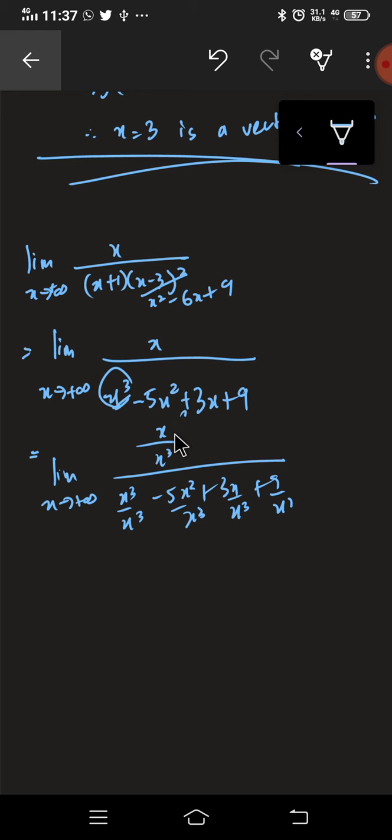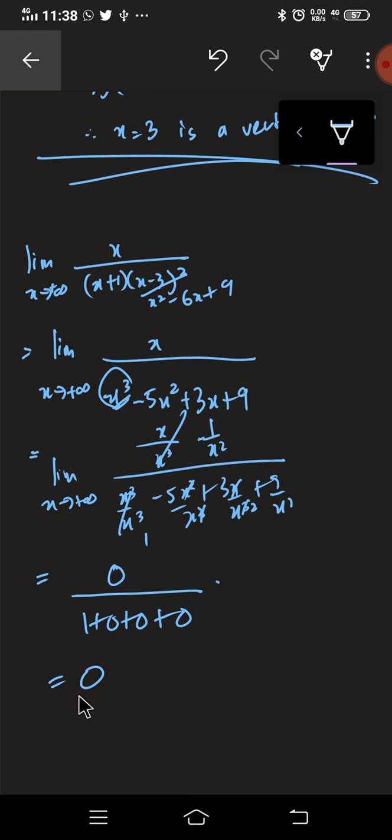So what do we get? This is equal to 1 over x², this is 1, this is 1 over x, and this is 1 over x² again. If we substitute the value of infinity, we get 0 over 1 plus 0 plus 0 plus 0. So the answer is equal to 0, as x approaches positive infinity.